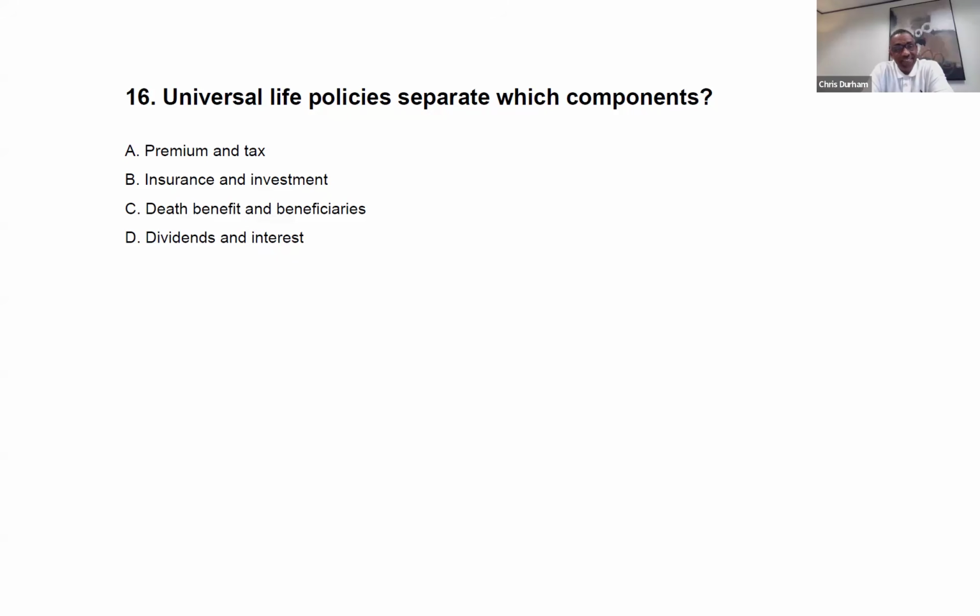All right. So let's say on a universal life insurance policy, flexible premium adjustable life, that doesn't really say it in that name. But a universal life product basically has two features.